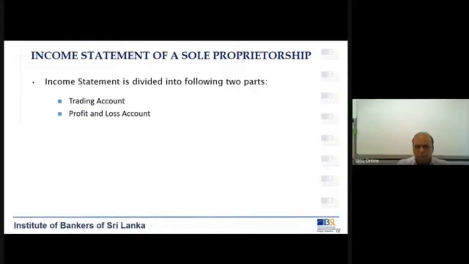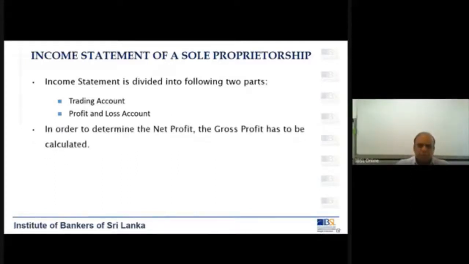We will learn in detail what the trading account is and also the profit and loss account. In order to determine the net profit, the gross profit has to be calculated first. So the initial part of your profitability is the gross profit that you have made in the business.